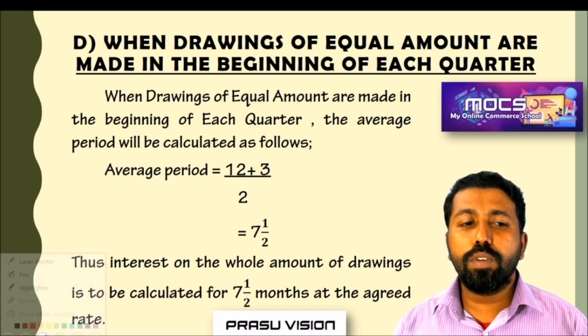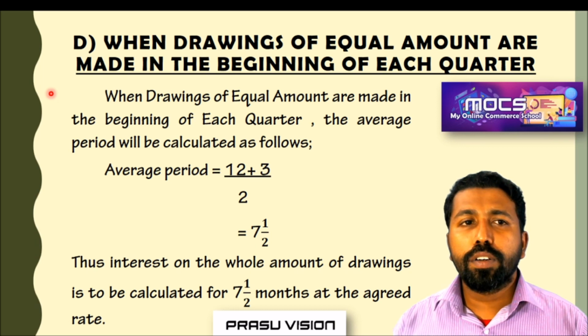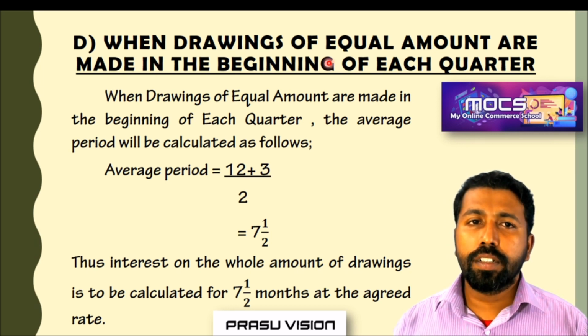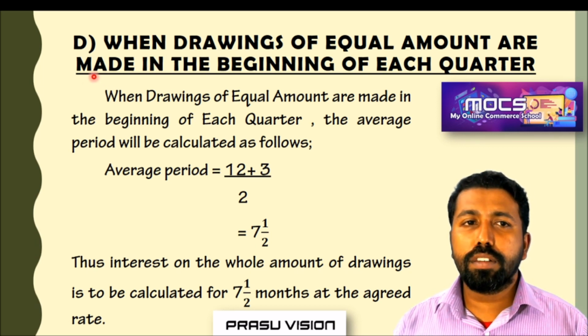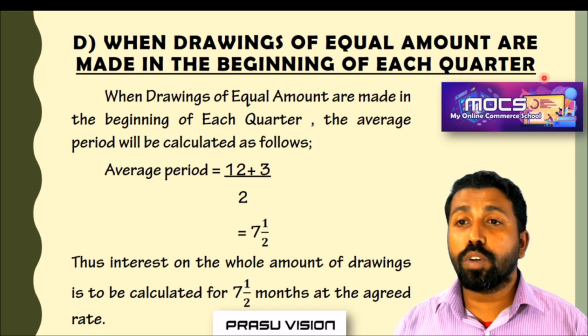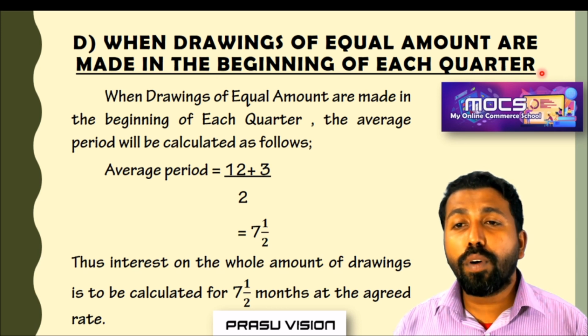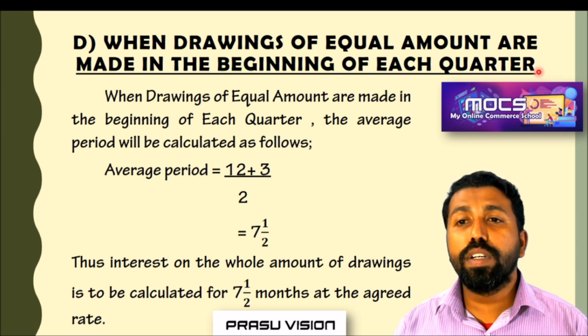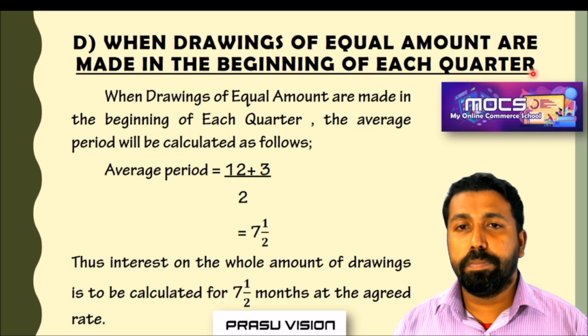The withdrawal is made in the beginning of each quarter, so quarterly drawings involve only 4 times the partners will withdraw amount from the firm.